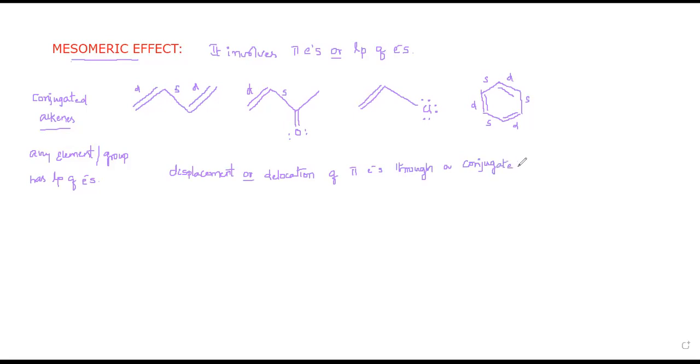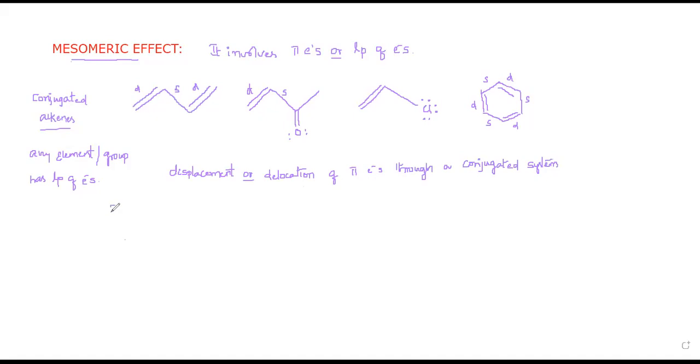So in a conjugated system, if the displacement or delocalization of pi electrons is observed, it is called the mesomeric effect.